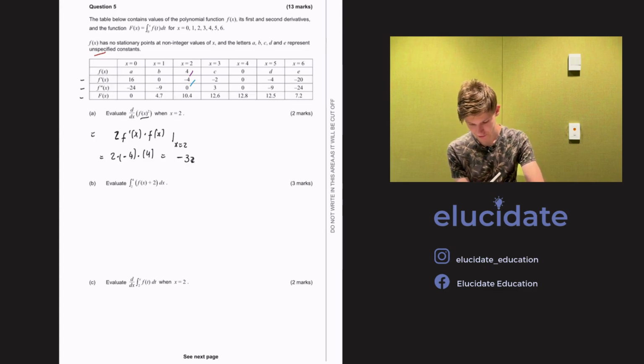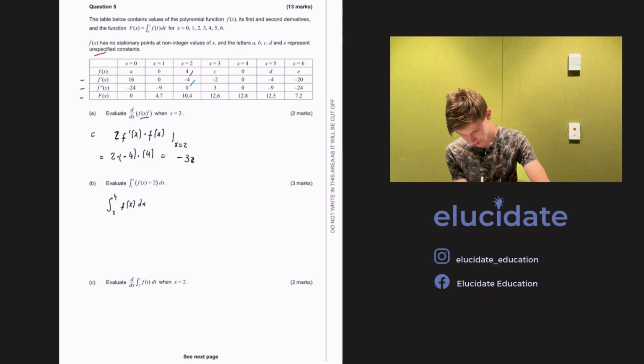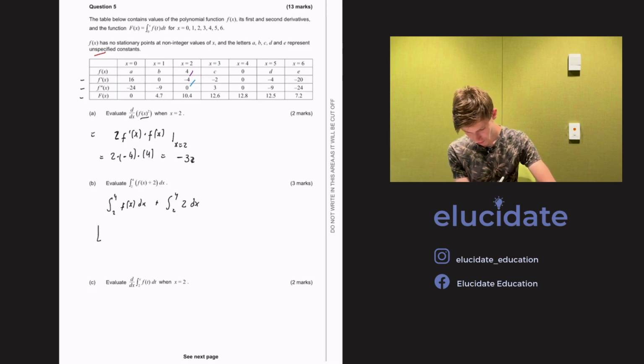Okay, next question. We are asked for this integral of f of x plus 2. So we're going to split up that integral. We're going to go 4 to 2 of f of x dx plus 4 to 2 of 2 dx. We don't know what f of x is, so we're going to use the integral function here, F of x from 4 to 2, plus 2x from 4 to 2.